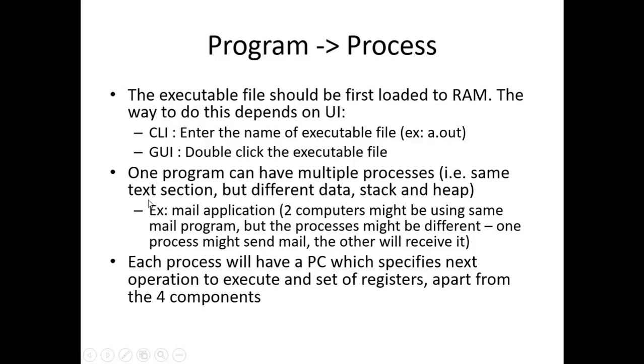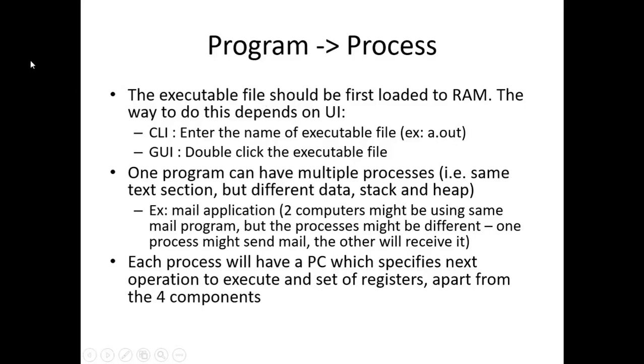Also, there might be cases where one single executable file can have multiple processes running. So, for example, it means that it only has the same text section, but different data, stack and heap sections. If we consider a mail application as an example, the text section, that is the code for this mail application, would be the same, and two computers might be using the same mail program, but the processes which are running on the two computers would be different.